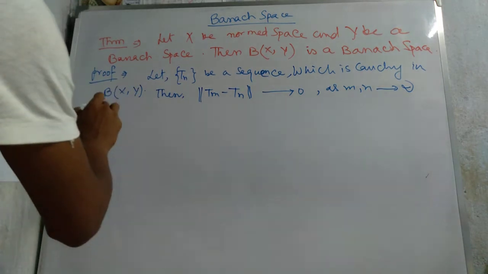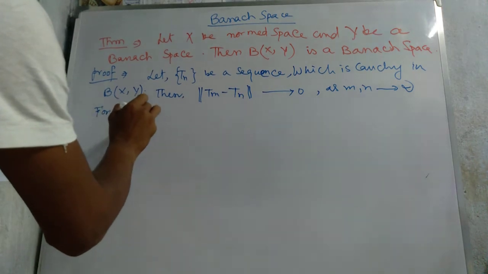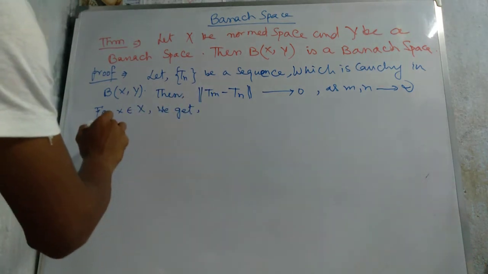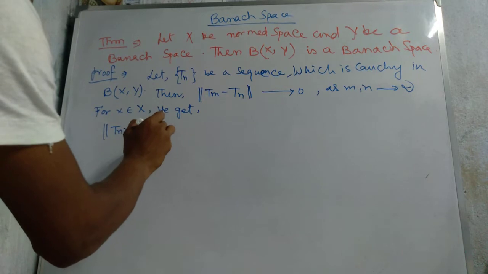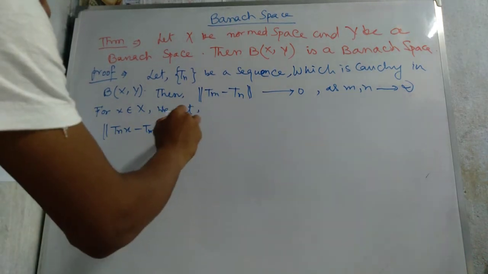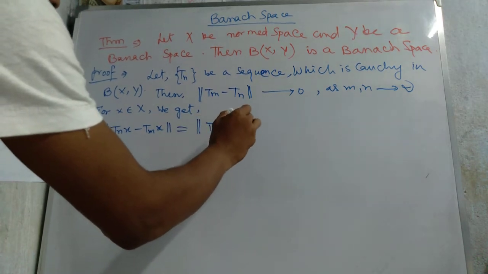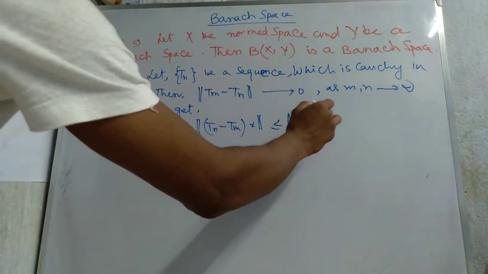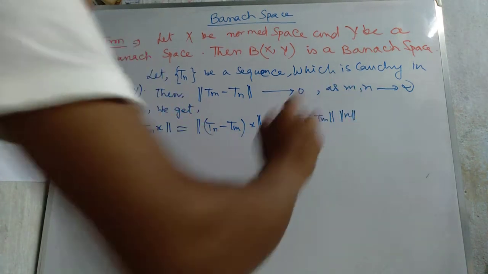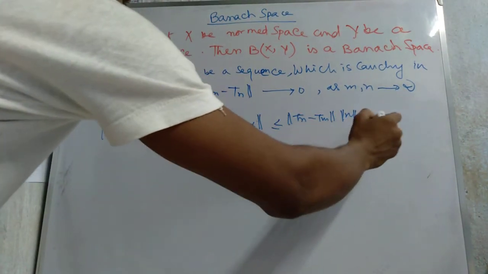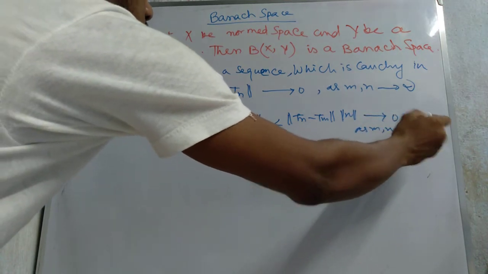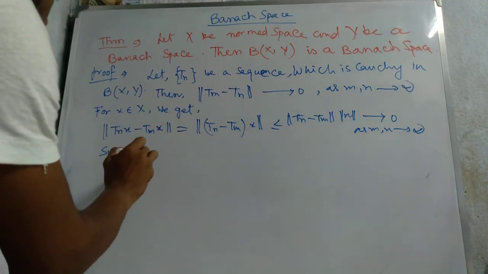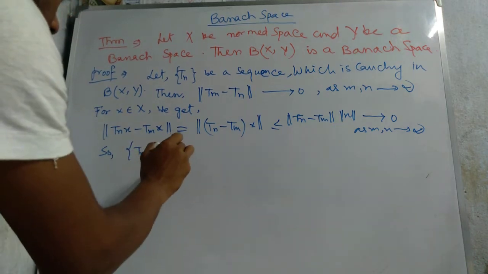So for x belongs to X, we get the norm of Tn x minus Tm x equal to the norm of (Tn minus Tm) x, less than or equal to the norm of Tn minus Tm times the norm of x, which tends to 0 as m, n tend to infinity. So Tn x is a Cauchy sequence.